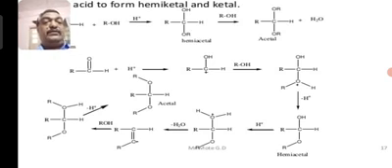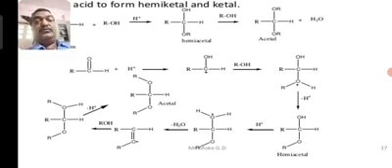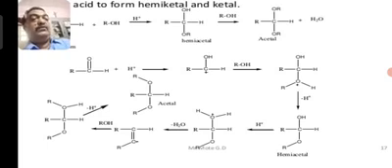In the next stage, removal of a water molecule will take place and you will get RCH double bond O plus R. It will now react with another molecule of alcohol to form a product, and this on deprotonation will give acetal. Whatever mechanism I have shown by animation is very easy to see, but it is very difficult to represent on paper.